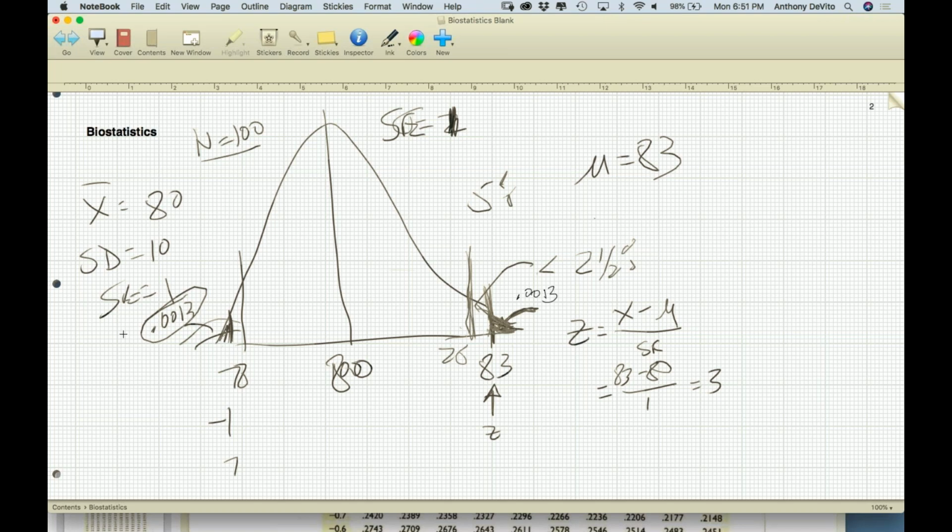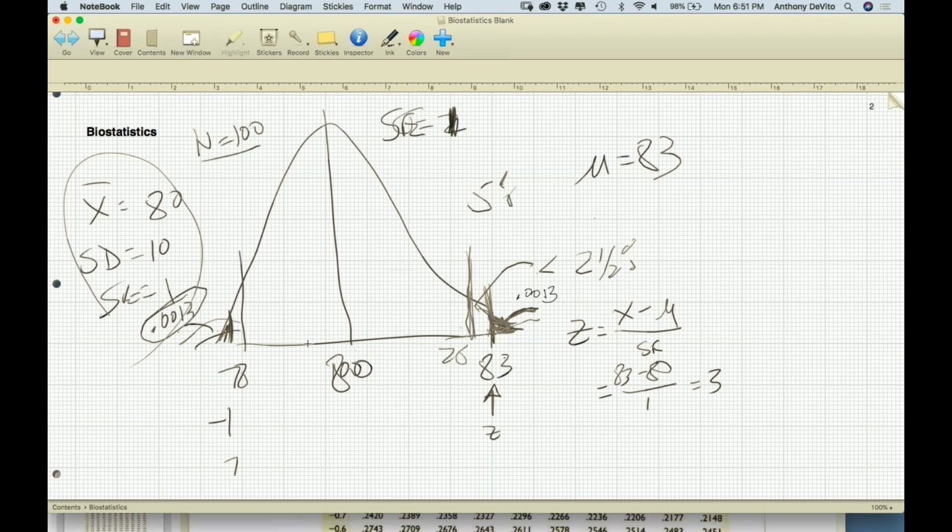So what's the probability that, if all this is true, we would get a value that is as extreme as 83, 3 standard deviations above the mean, or 79, 3 standard deviations below the mean? Well, it's going to be 0.0013 at the top end and 0.0013 at the bottom end.